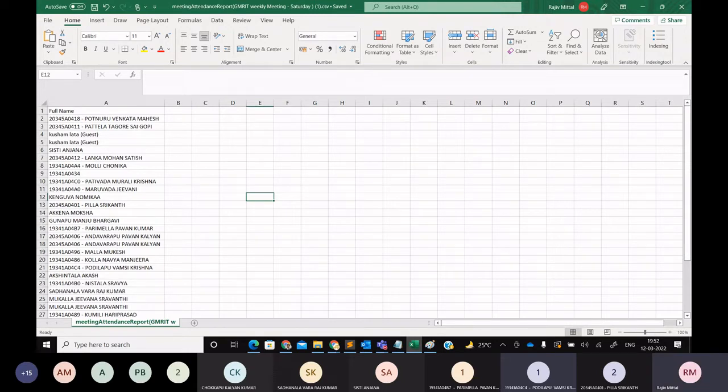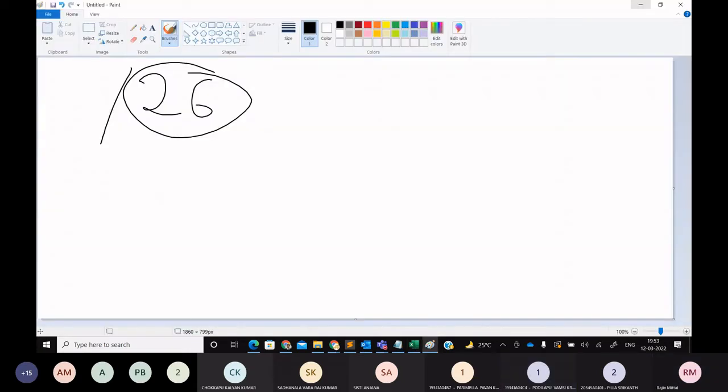Kotela Sai Gopi. Present, sir. So now tell me, this /26, how do I write it in subnet mask? First 8 bits, second 8 bits, third 8 bits, and the first 2 bits of the last octet are 1, sir. The remaining are zeros.